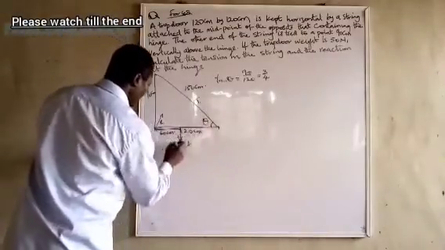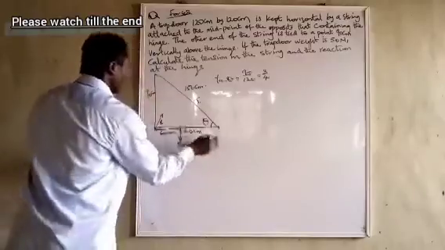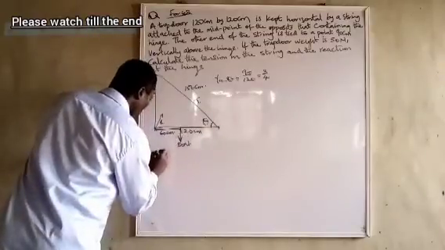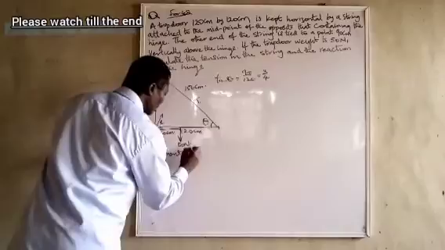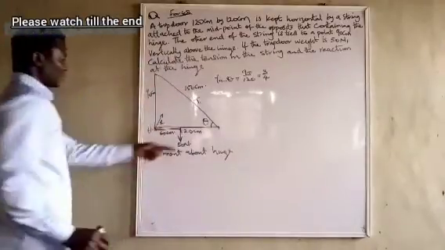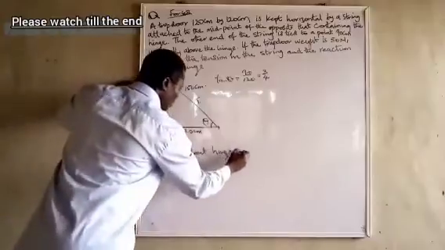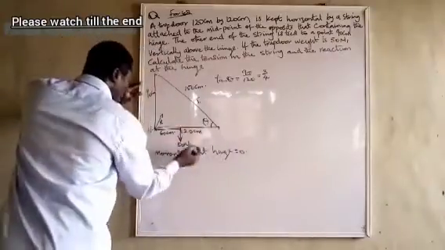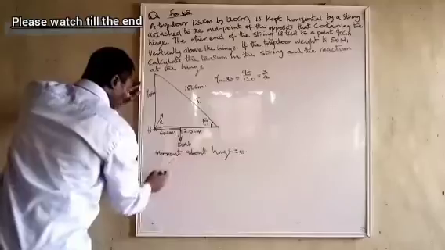Now, let's see. The clockwise moments about the hinge. Let's call this place h. Moment about the hinge is 0 because of equilibrium, and the net force is equal to 0.